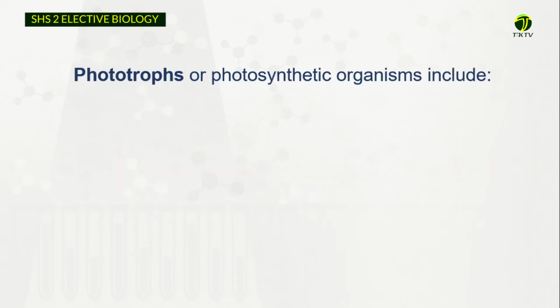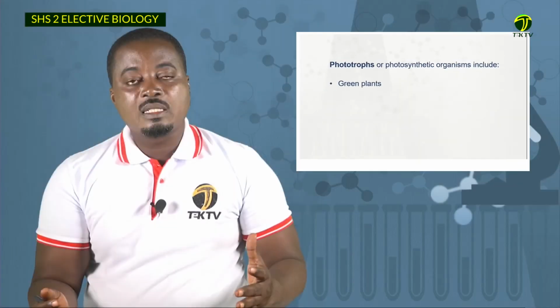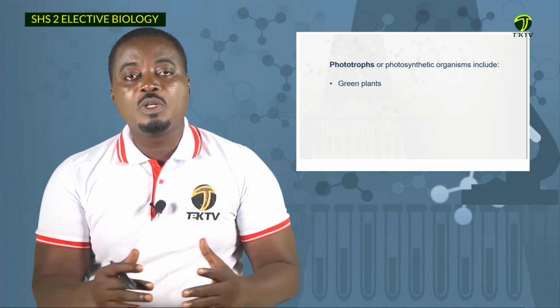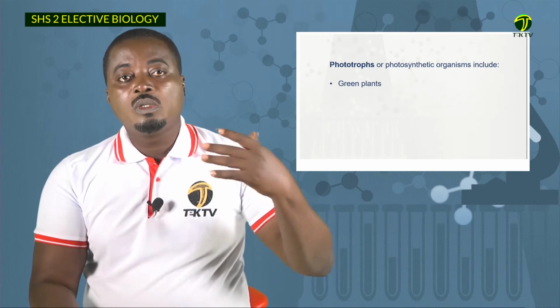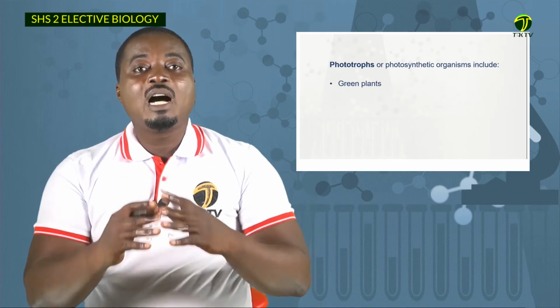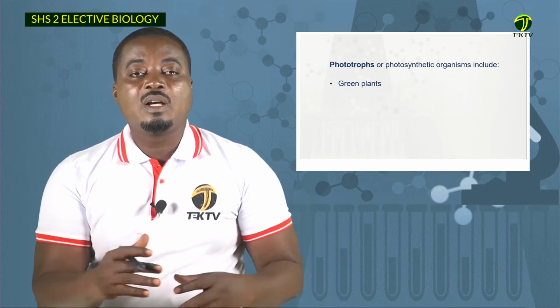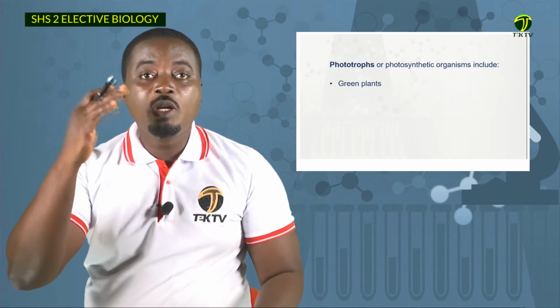Now, phototrophs, or photoautotrophs, or photosynthetic organisms include, let's look at some of the examples. Green plants. So all green plants that you have seen around, all types of plants that we know: maize, rice, mango, palm plants, or any green plant you have seen.